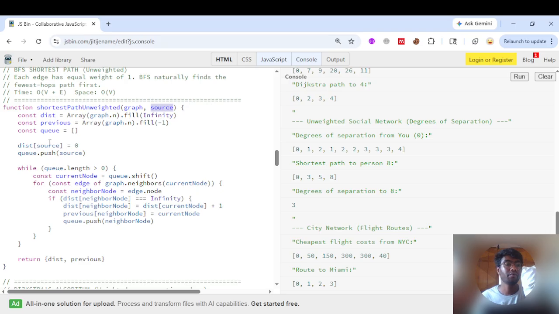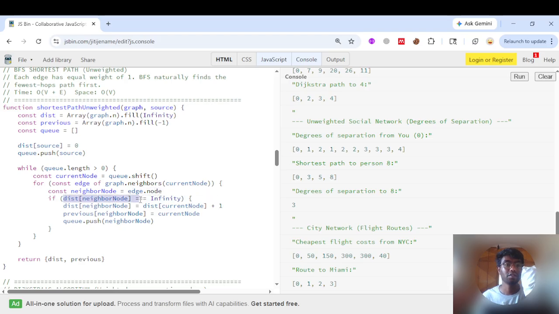So we firstly start off with a source node, and we set the distance of the source node as 0, and we start a while loop with initially the source node, and we explore all the edges and neighboring nodes connecting to the source node.